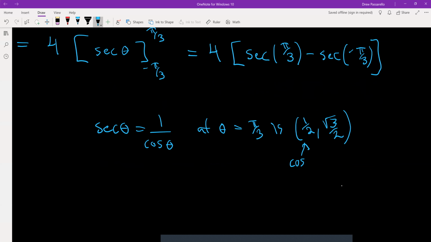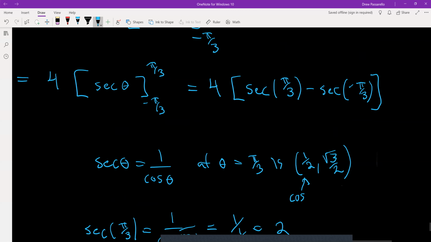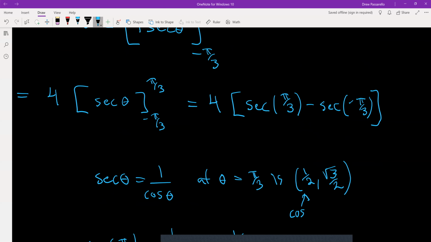So secant of pi over 3 is 1 over cosine of pi over 3, and cosine of pi over 3 is 1/2. So this is 1 divided by 1/2, which is a reciprocal of 1/2, which gives me 2. So secant of pi over 3 is 2.